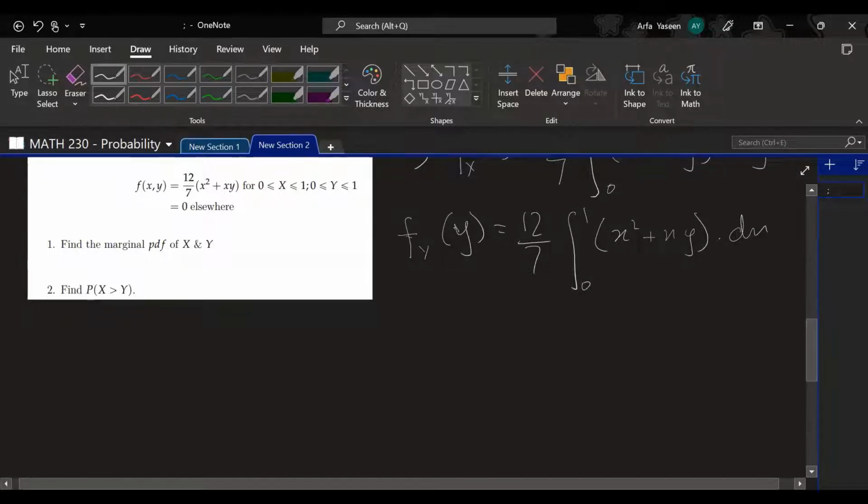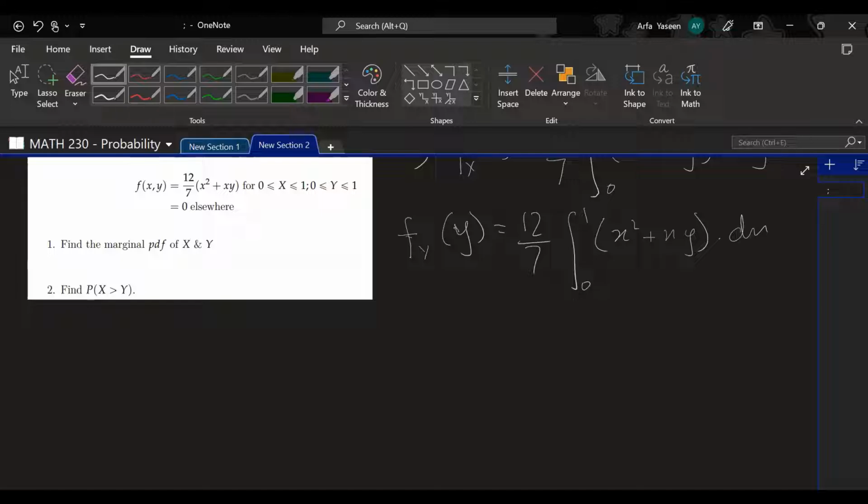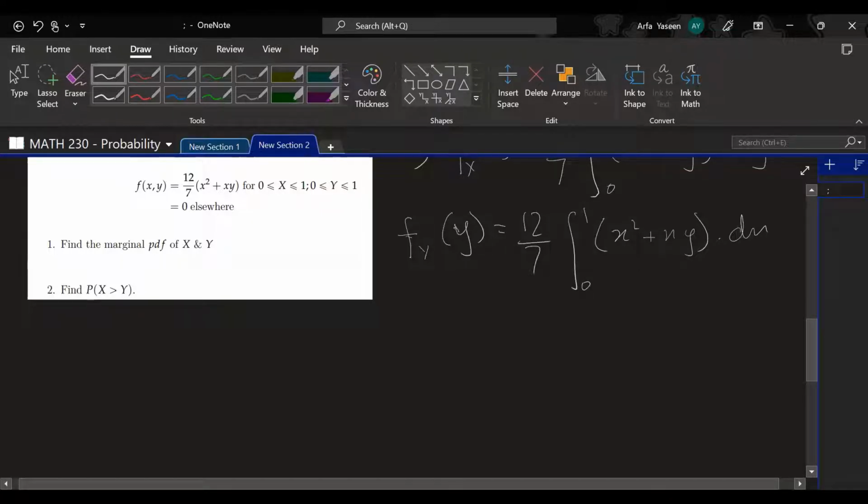For the second question, we are supposed to find the probability where the random variable x is always greater than y. For this, we will again integrate the PDF, but there are some restrictions here. So we know that both x and y can lie between 0 and 1.